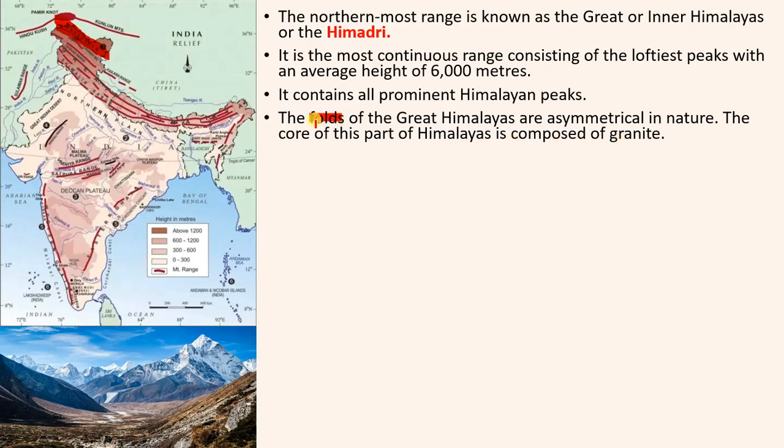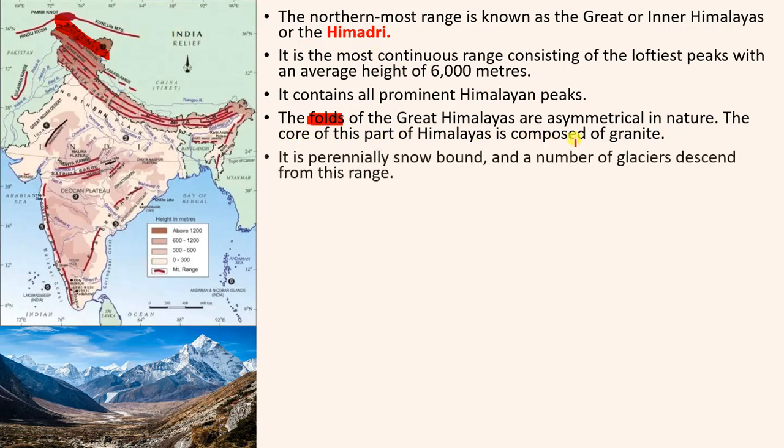It is perennially snowbound. Perennially snowbound means throughout the year the Greater Himalaya is covered with ice and snow. A number of glaciers descend from this range.